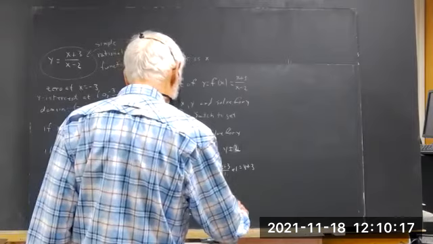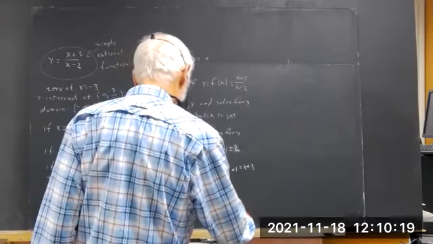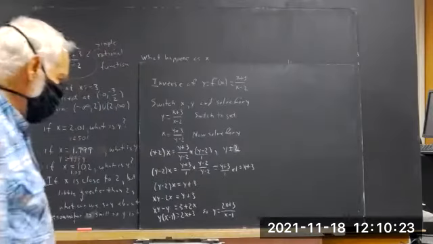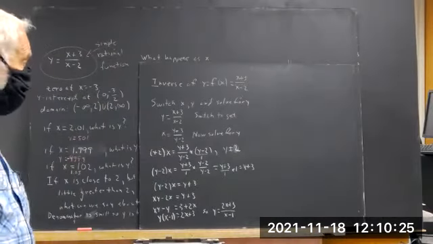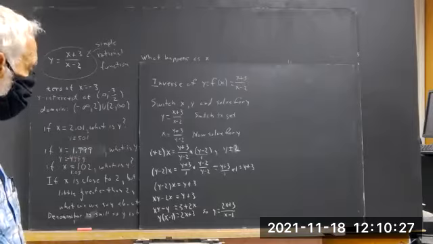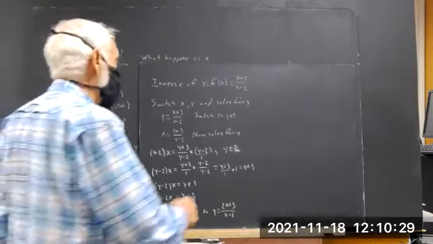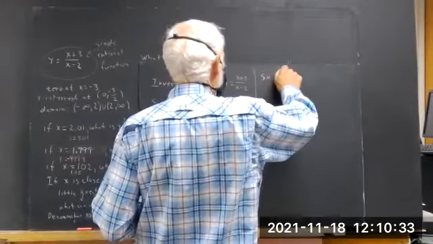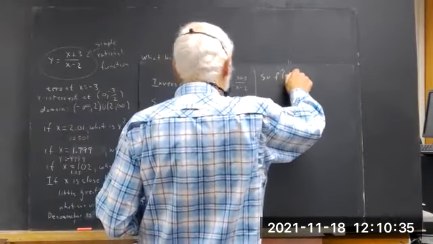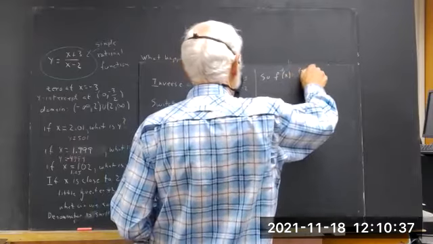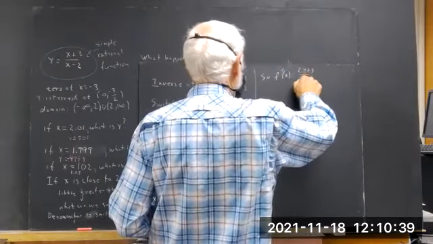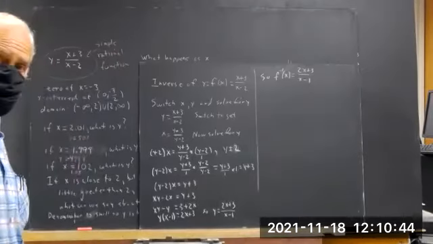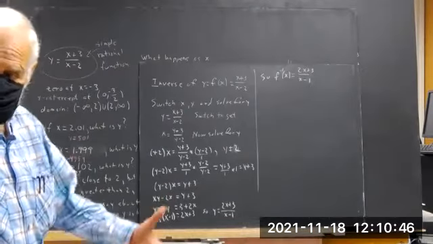So y equals 2x plus 3 over x minus 1. So that's the inverse of that. If I did that right, it is equal to 2x plus 3 over x minus 1. Now we check.